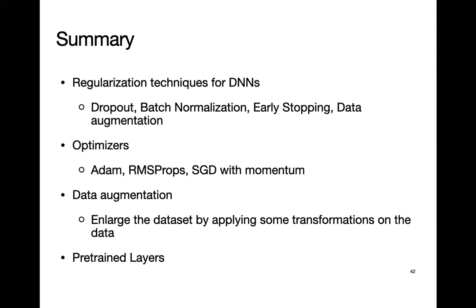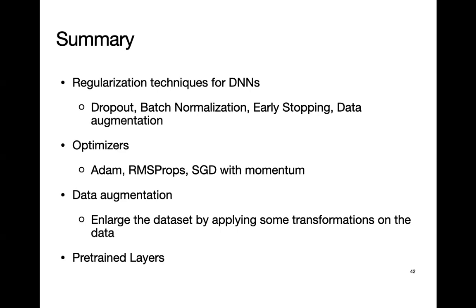For data augmentation, you apply random transformations on your input data to augment your data set. This has proven to improve the performance of the model, because deep neural networks seem to have no limits as long as you have data. About optimizers, there are several that you can use.